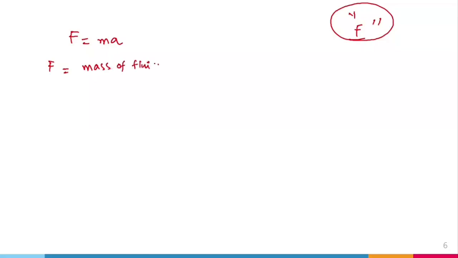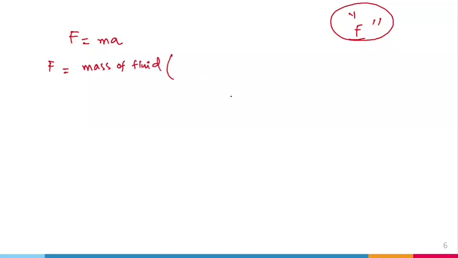As I told you, what we are ultimately going to calculate in impact of jet is the force exerted. By using which law? Newton's second law of motion, F equal to m into a. So F is equal to the mass of the fluid, m, into acceleration.